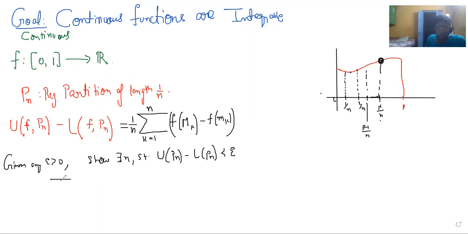So what we just need to show, writing the same thing, is that this difference can be made less than n times epsilon. That's all you need to show.